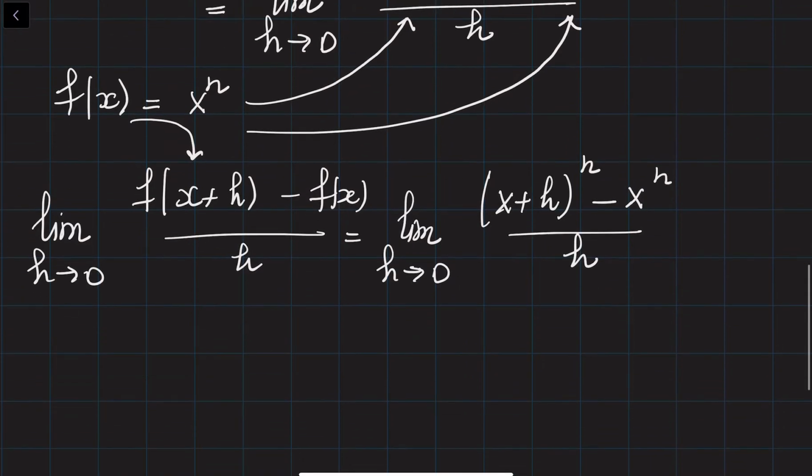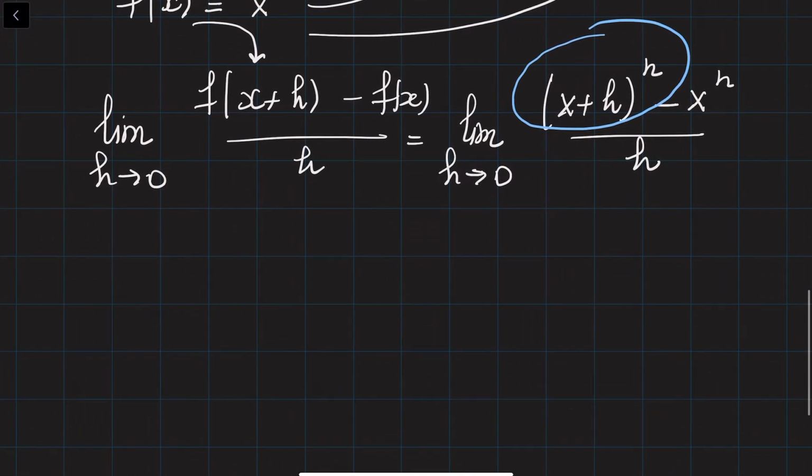First of all, we need to expand this product. For x plus h to the power of n, we need to open up the brackets. As you remember, we've learned about the binomial formula, which allows us to do this.